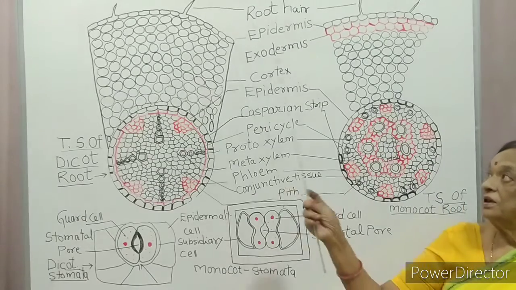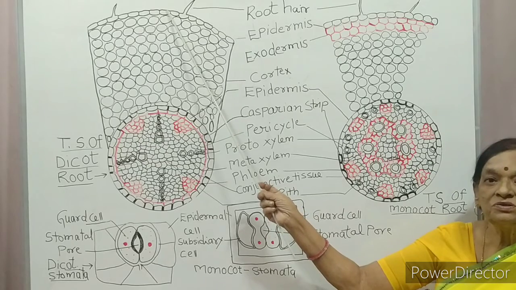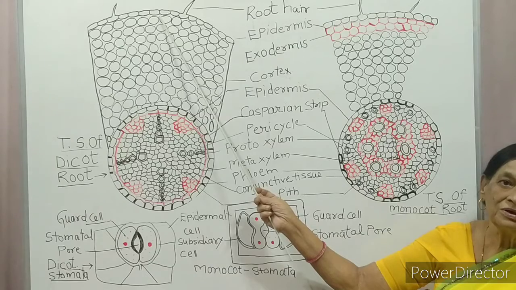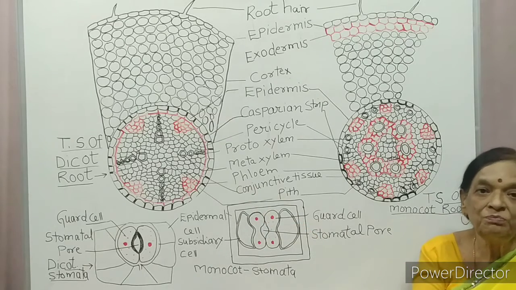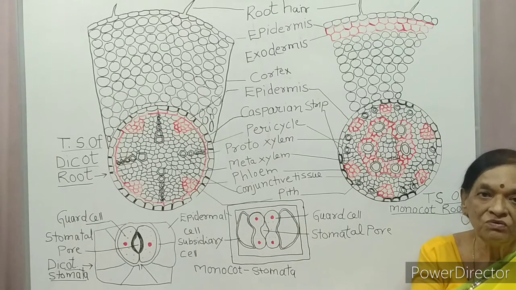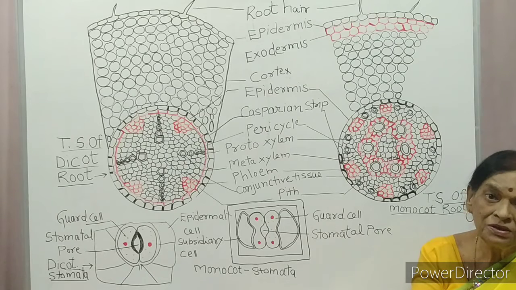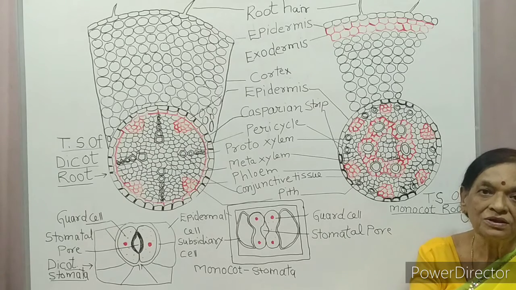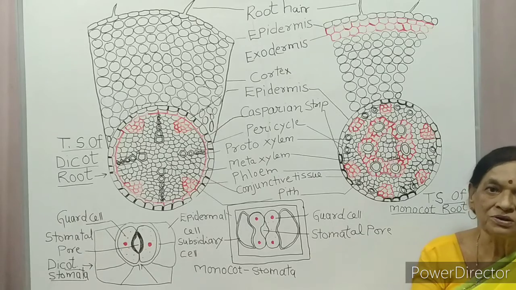In root, epidermis is not covered with cuticle, a layer which is impermeable to water. Why? Function of root is to absorb the water. Cuticle is impermeable to water.